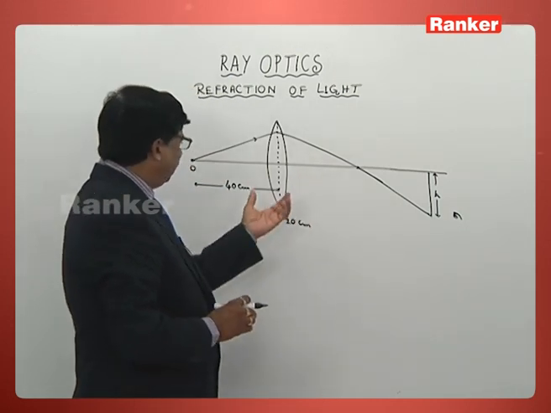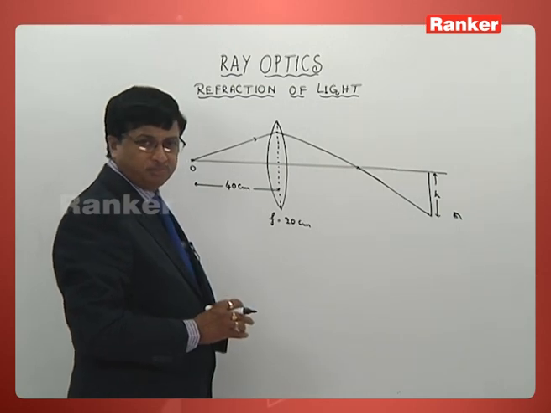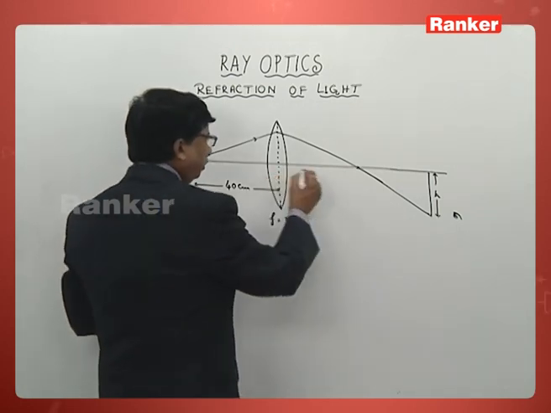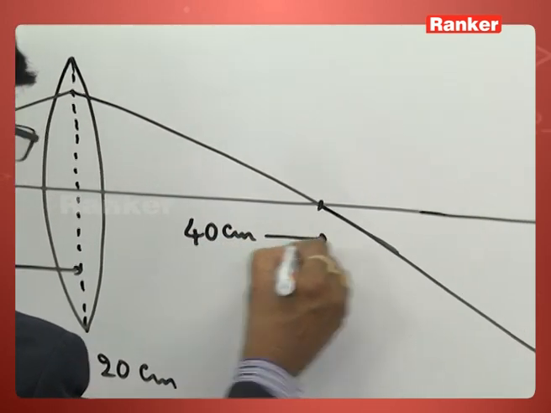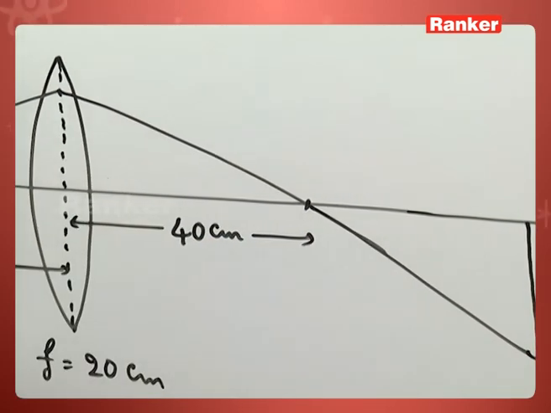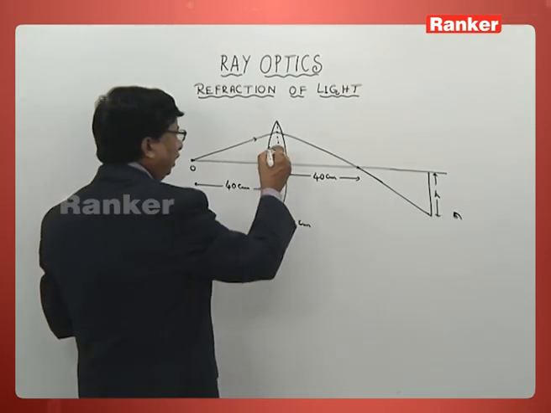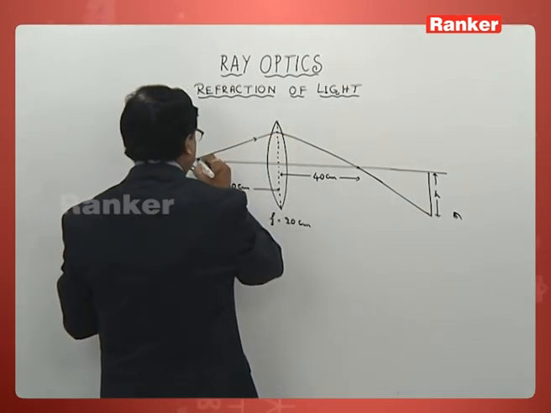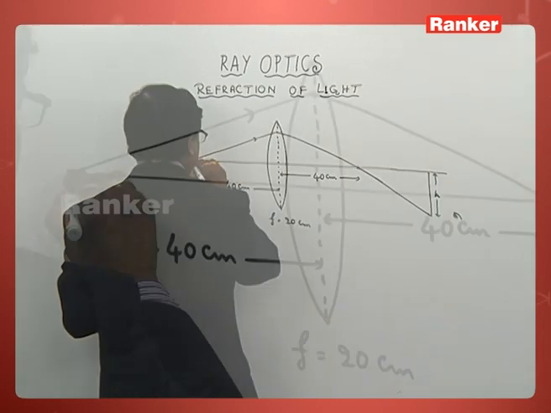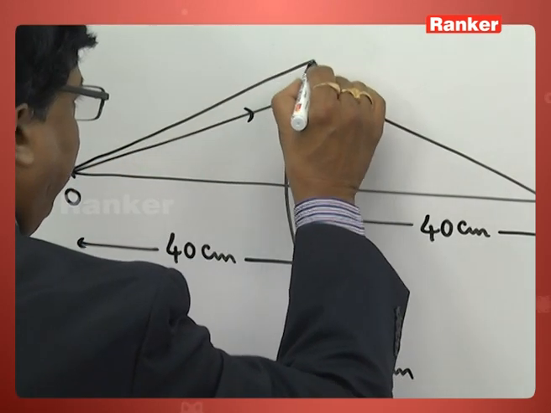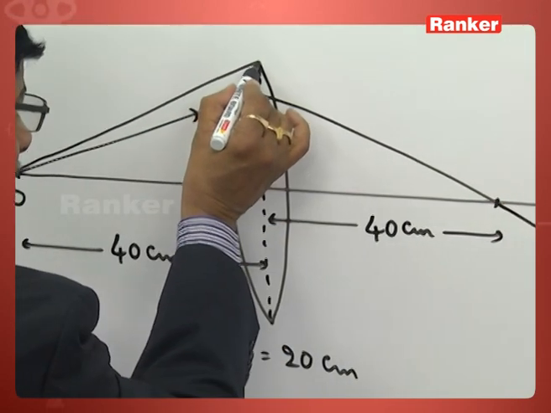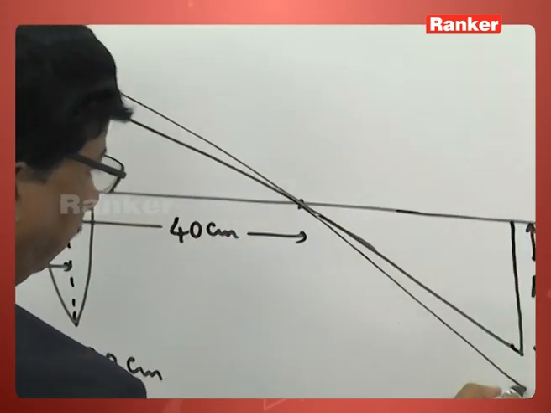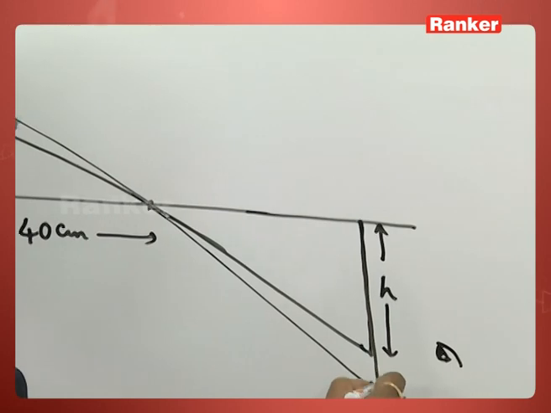So certainly you can understand in this particular case, this particular distance is going to be 40 centimeter. And we know very well the total diameter, that means if I take the ray just striking at the edge, that ray once again goes through this one and the final image is going to be formed somewhere here.